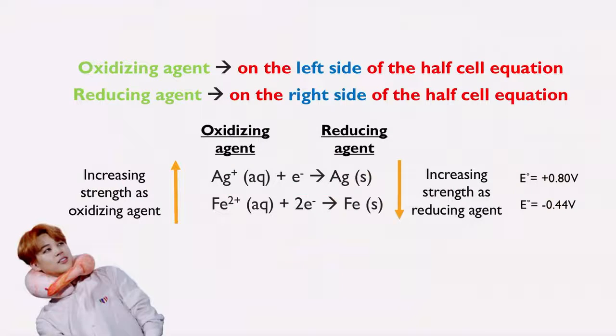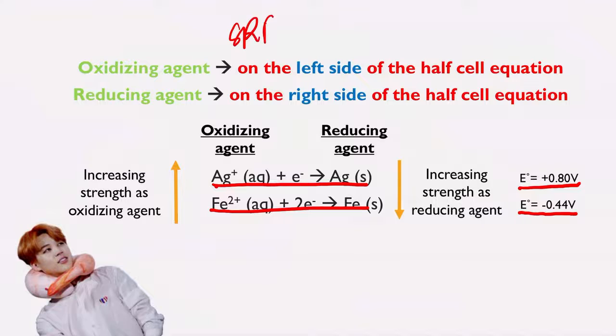Okay, alright. So let's say if you have in your SRP macam ni, you have this reduction equation, and this is the electrode reduction potential. Okay, so your oxidizing agent is the one on the left side of your half cell equation. So ini dalam SRP.